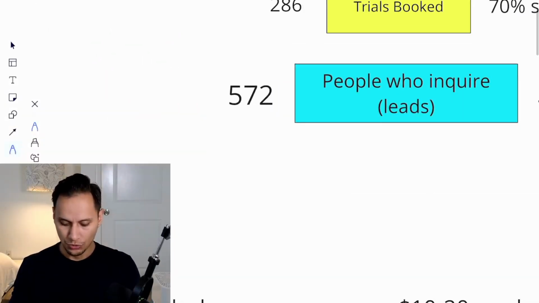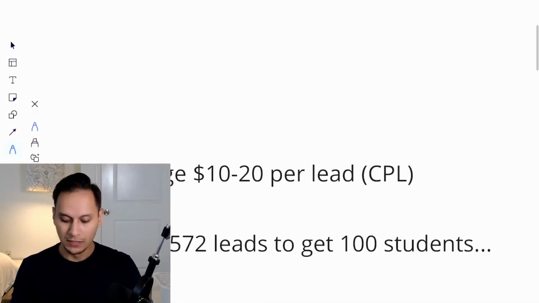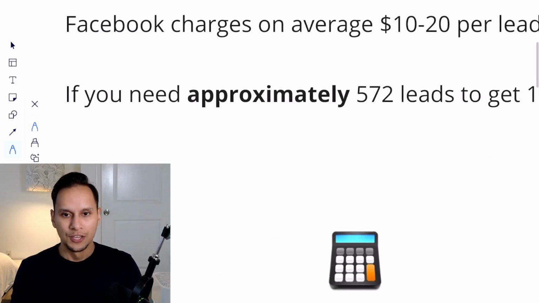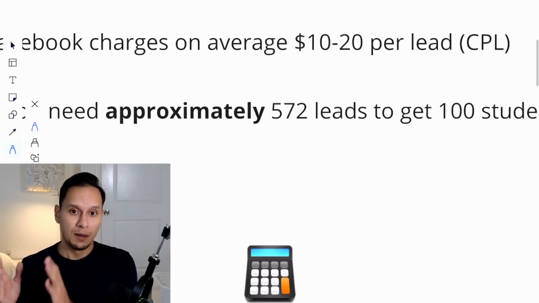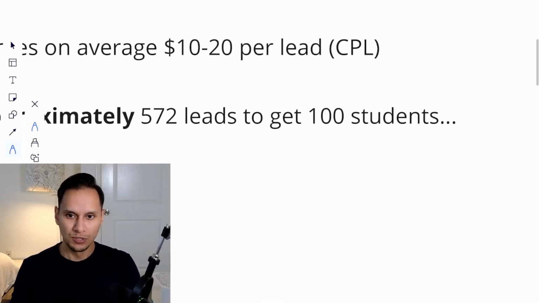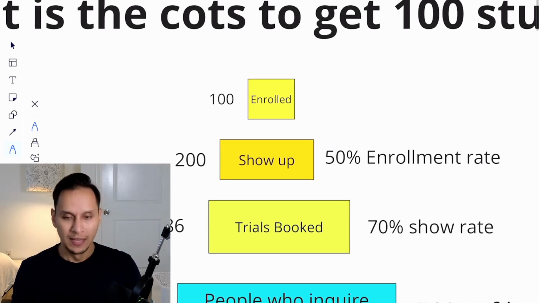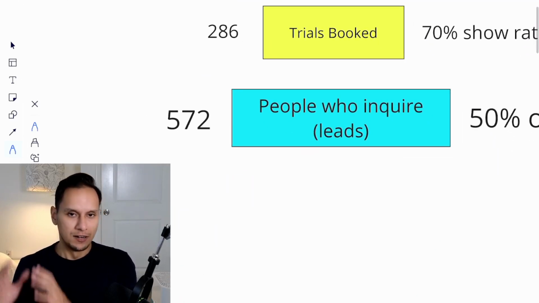What we've seen on average is that studio owners spend about $10 to $20 per lead on Facebook and Instagram advertising campaigns. So using that metric, $10 to $20 cost per lead, and if you need approximately 572 leads to get 100 students, which by the way, these are not hard numbers.